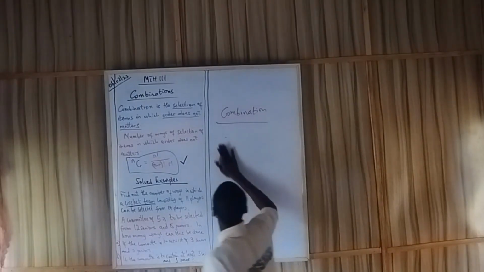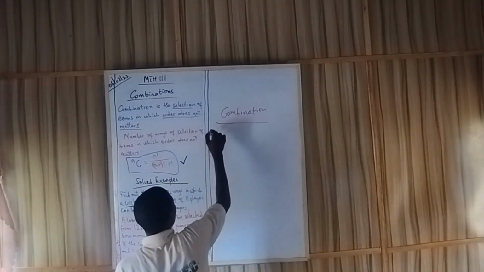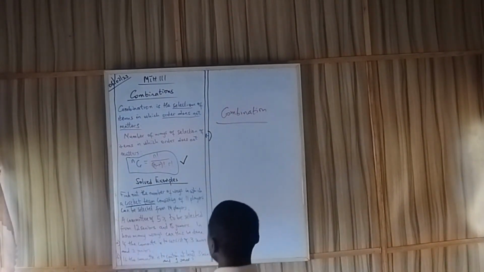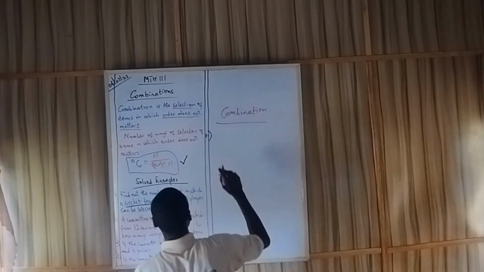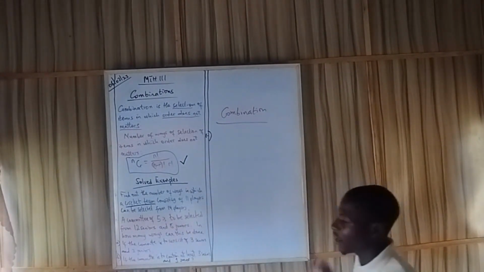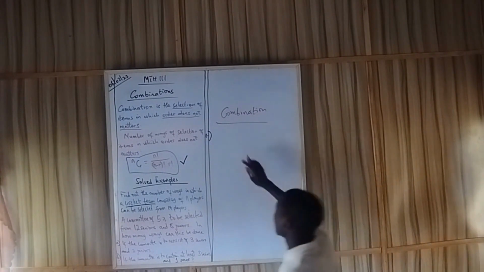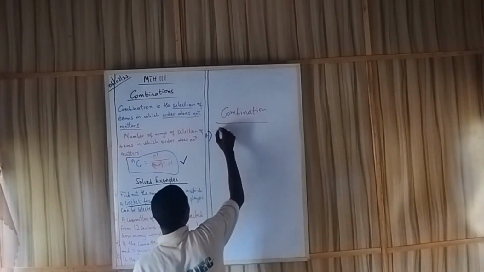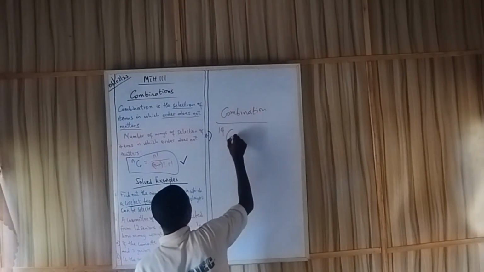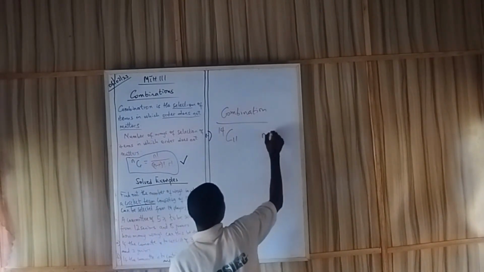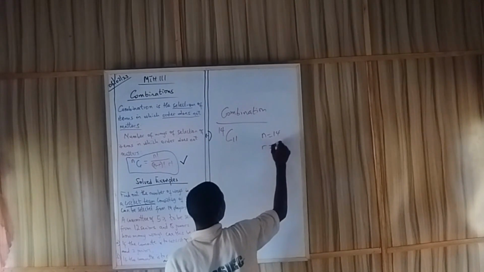So we have 14 players and you want to select 11 out of that 14. That will be 14 combination 11. Our n in this case is obviously 14 and our R is 11.